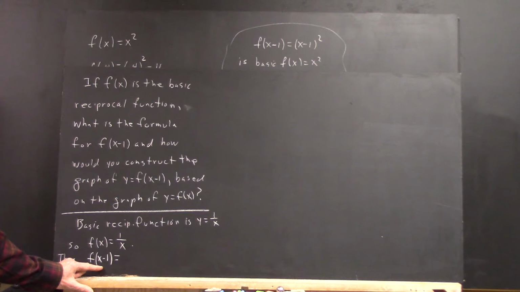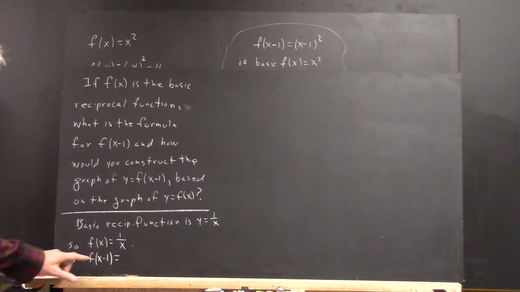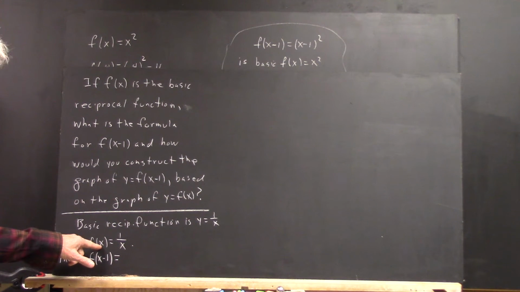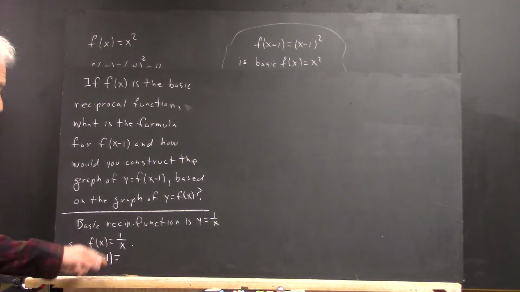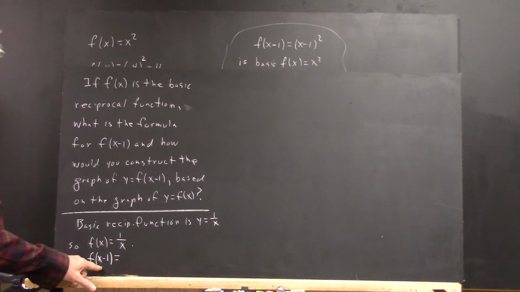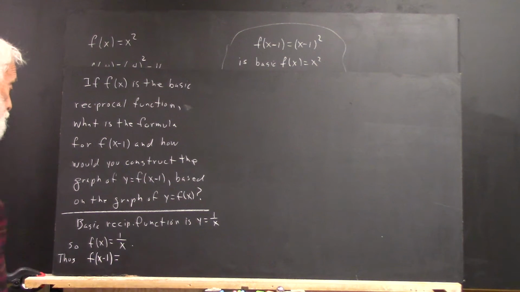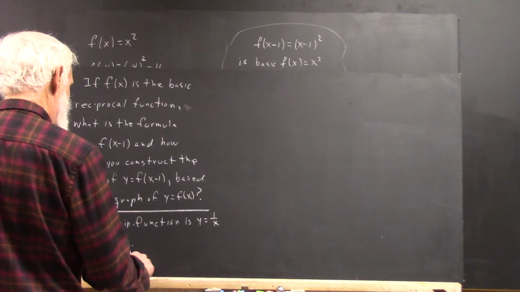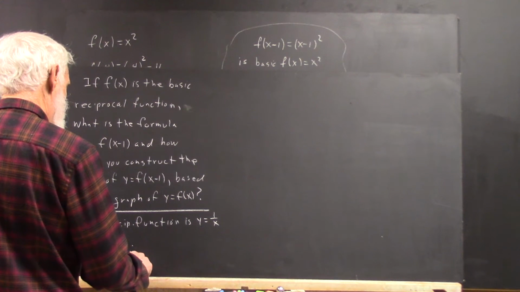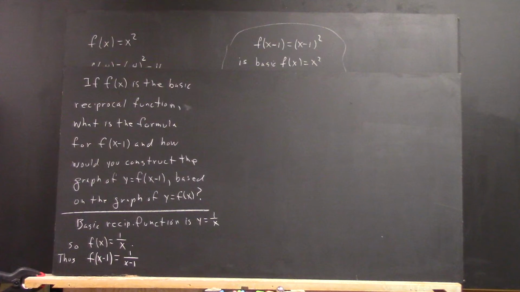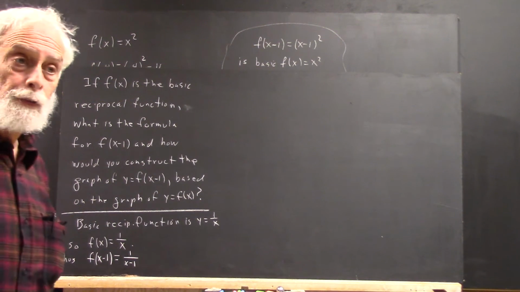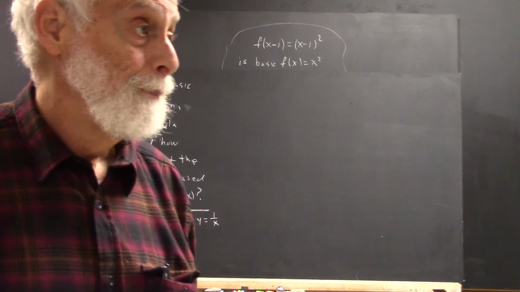Yeah, because what do you do? If it's x, but you've replaced x by x minus 1, so we're going to write that as 1 over x minus 1. So that's a function 1 over x minus 1.